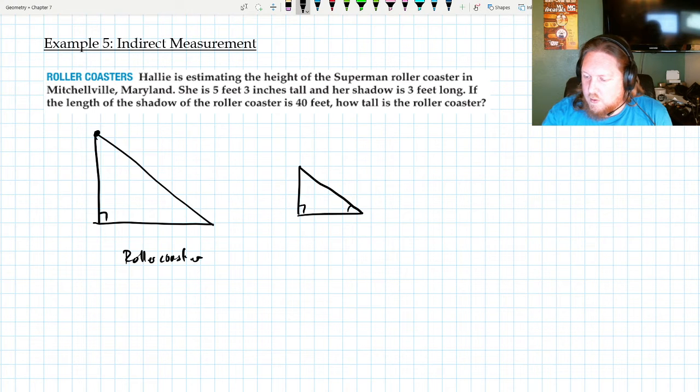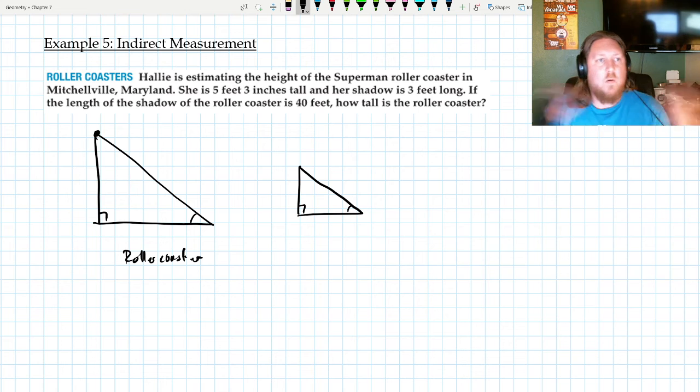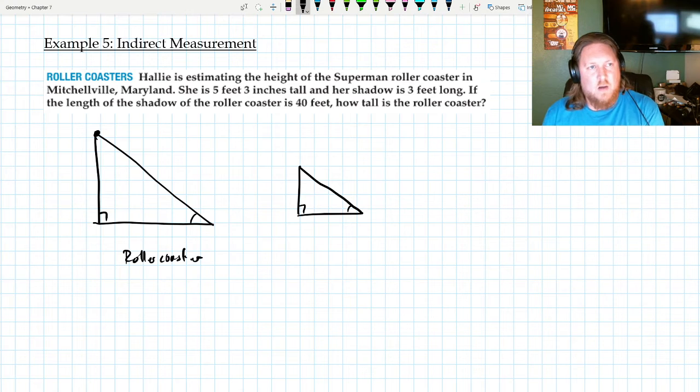Guess what? You've got yourself two similar triangles. And I don't even care what the angles are. The angles don't even matter. But because they're similar, I can now set up a ratio. Oh, sorry, I can now set up a proportion.